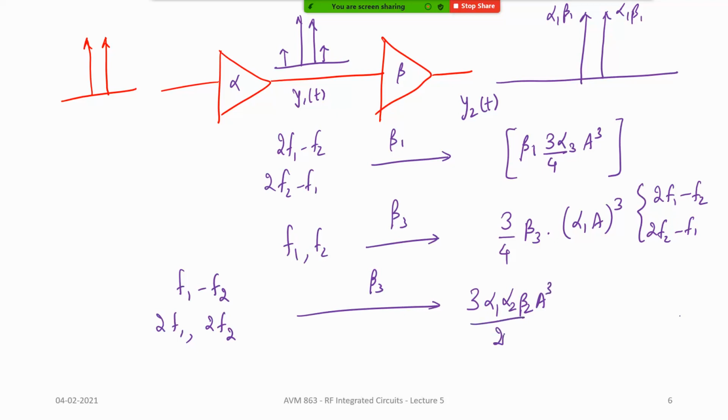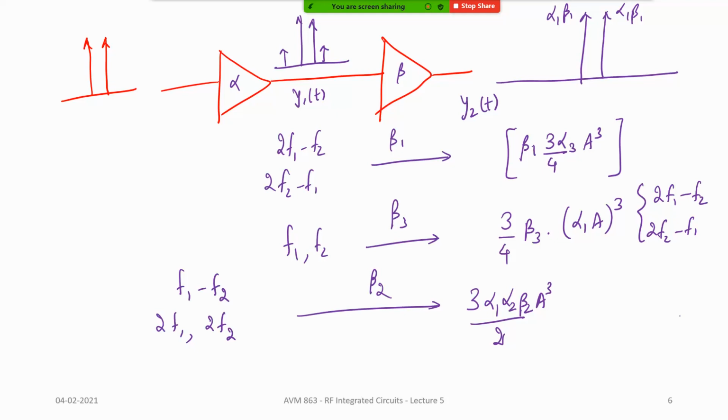Here you have alpha 1, because the amplified terms are coming here. Alpha 2 is generating f1 minus f2, 2f1 and 2f2. Sorry, this is not the effect of beta 3, it is the effect of beta 2. Beta 2 is now doing what? Mixing of these two terms and then resulting in this thing.